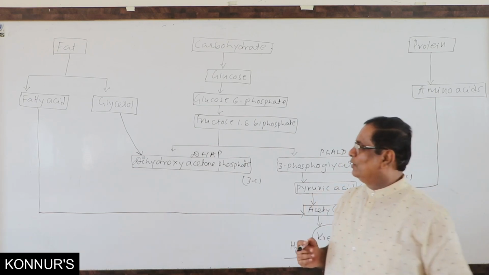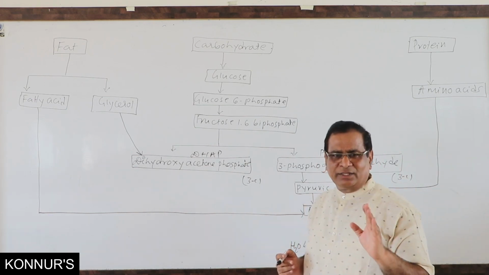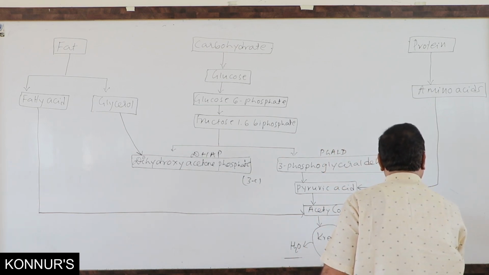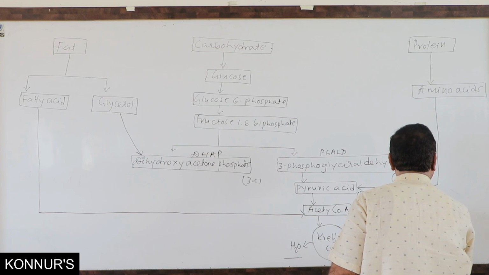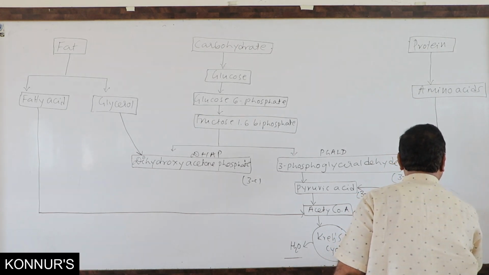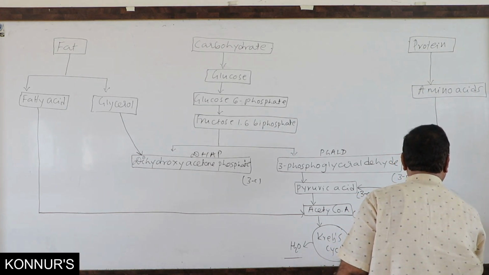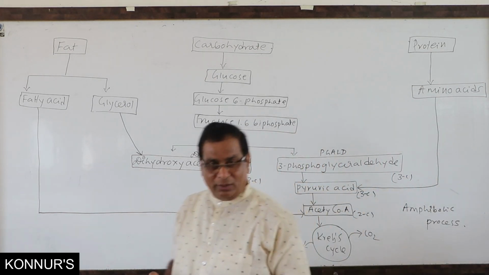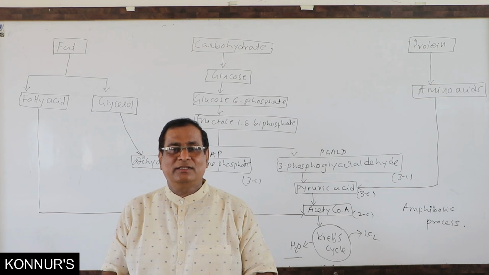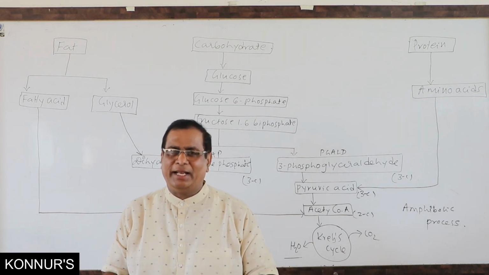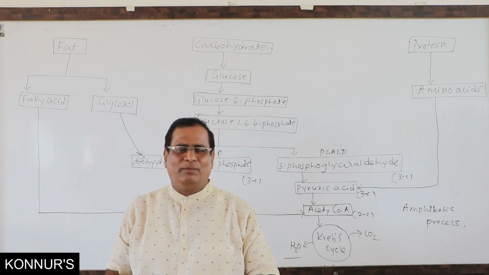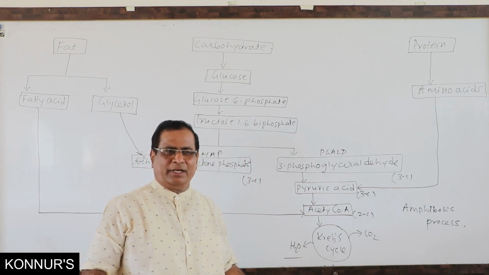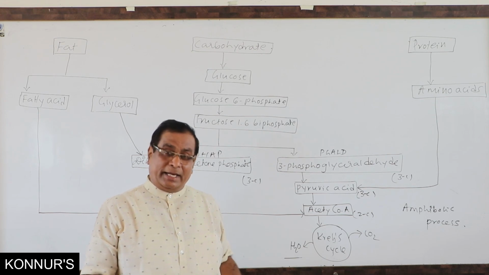That's why, instead of saying respiration is a catabolic process, we say it is an amphibolic process, because here it is both anabolic and catabolic. Catabolic is glucose split into CO2 and water, giving energy.